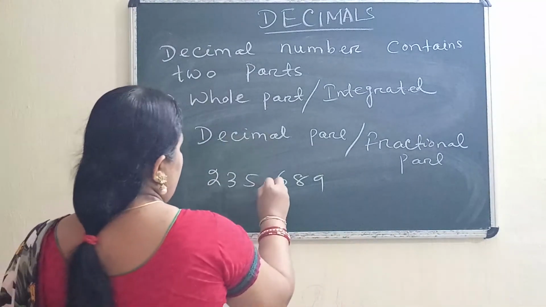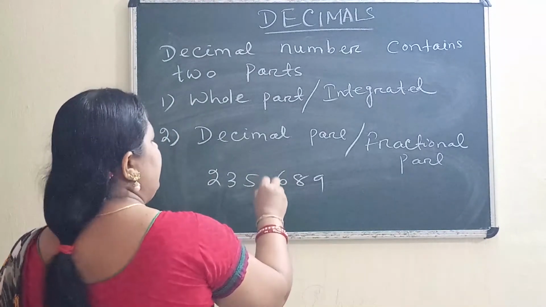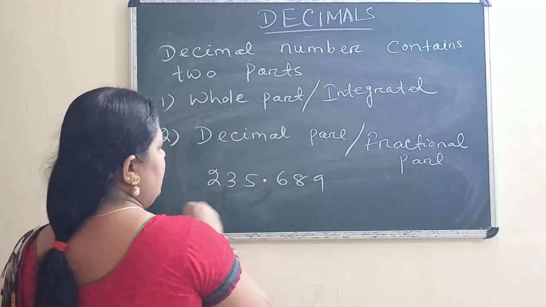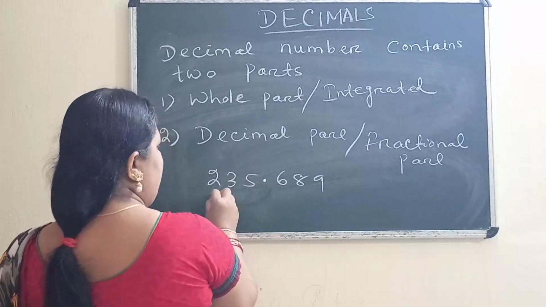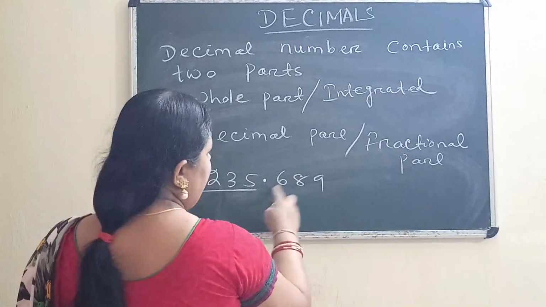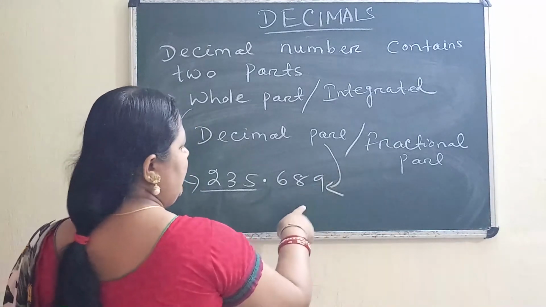For that, one dot is present. This represents the decimal point. It separates these two parts. The left side of the decimal point is called your whole part, and the right side of the decimal point is called your decimal part or fractional part.